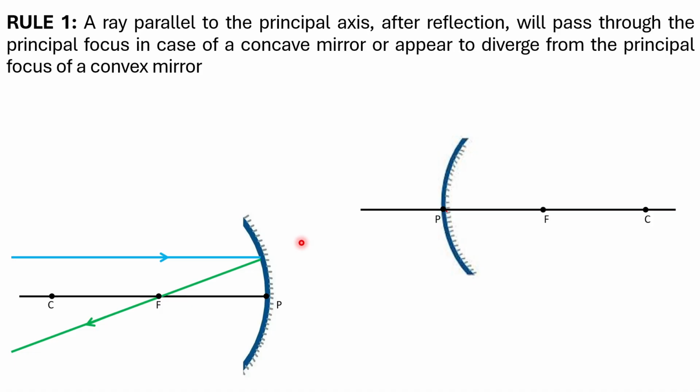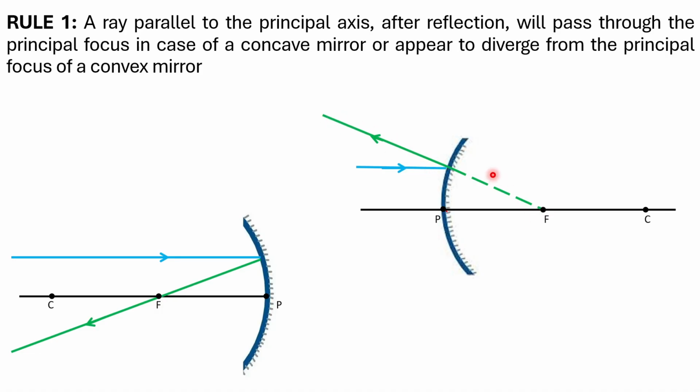Now let's see how it is applicable to convex. What does it say? Again, a ray should be parallel to the principal axis. After reflection, what happens? It appears to reflect from the focus. See, this direction shows that the reflected ray is coming from the focus.